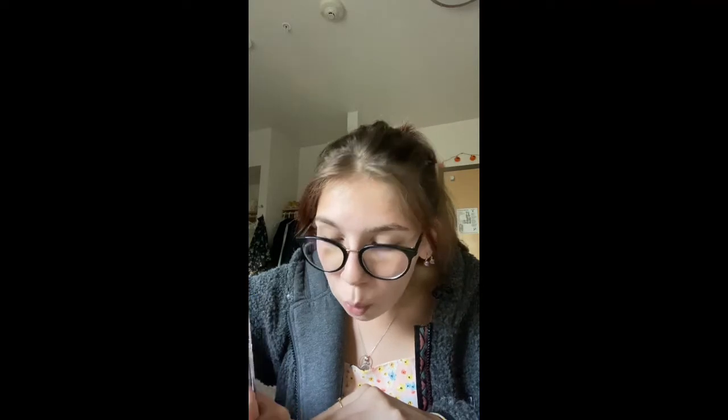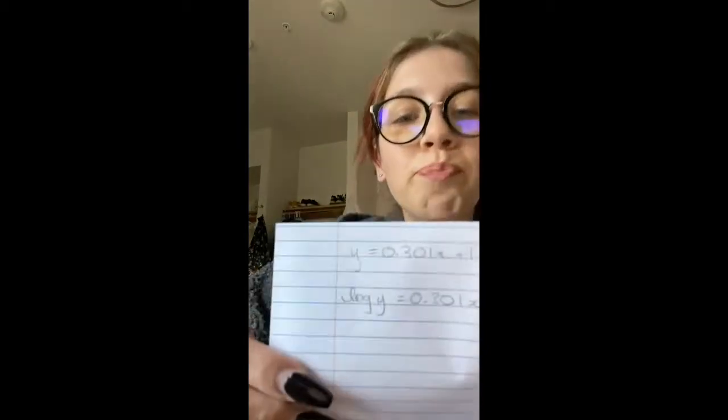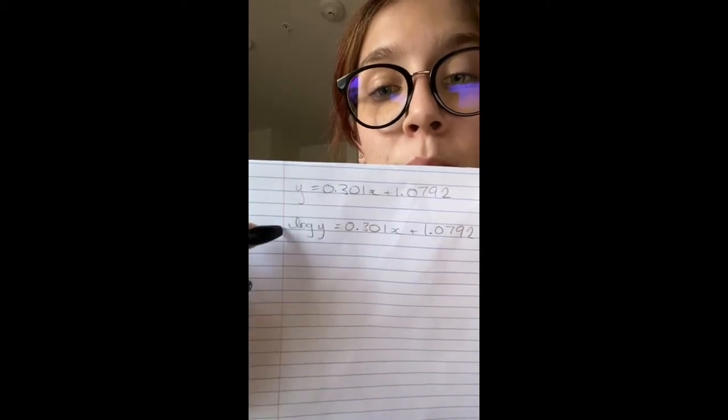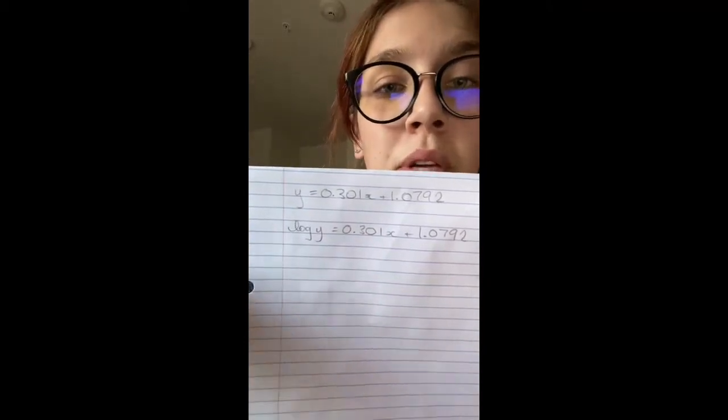And we know that this linear model is actually a semi-log. So what we're gonna do is make y into its log. So we do log y equals 0.301x plus 1.0792. So I don't even know, can you see that? Okay, all that we did was take our little y and put a log in front of it, to keep it simple.